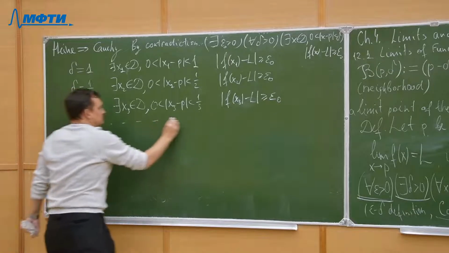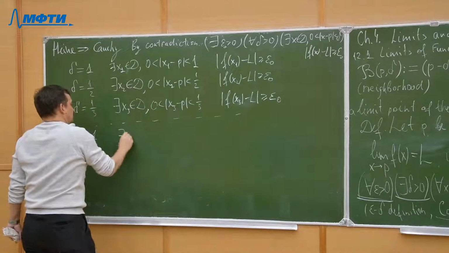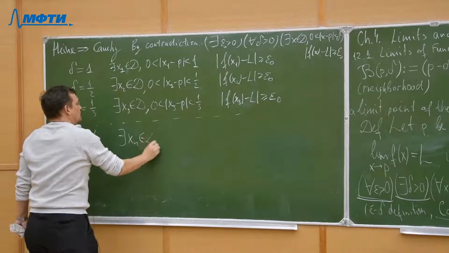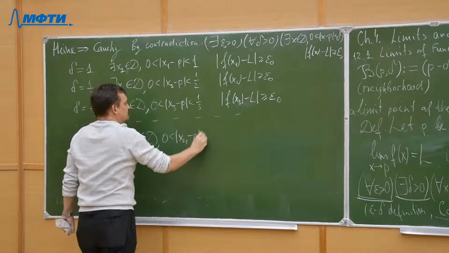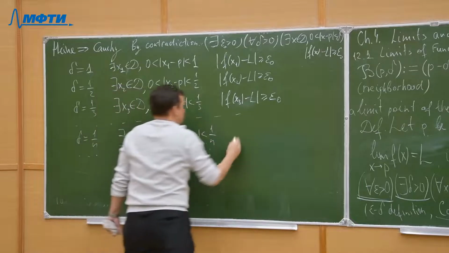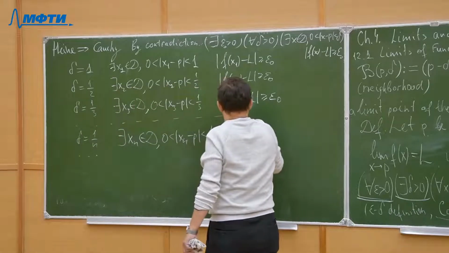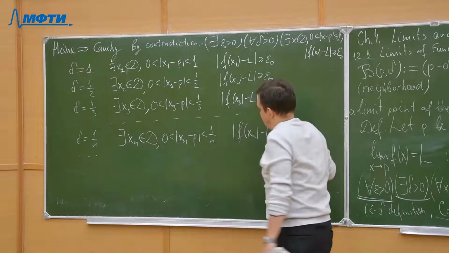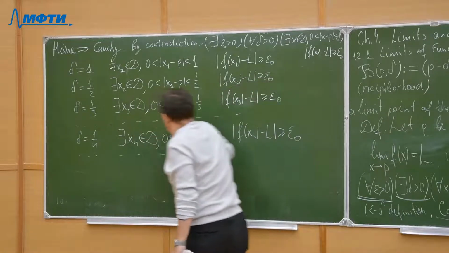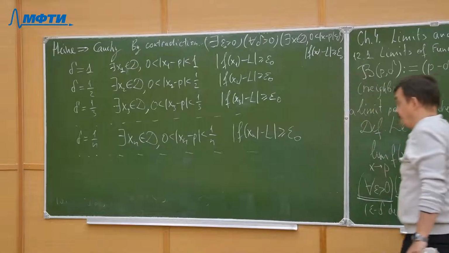And so on. So it means that we have constructed a sequence xn which satisfies simultaneously those two inequalities.